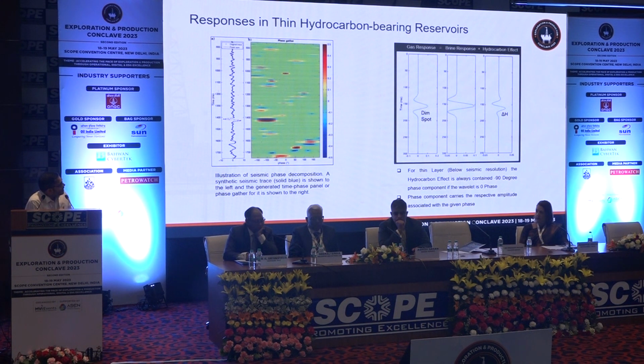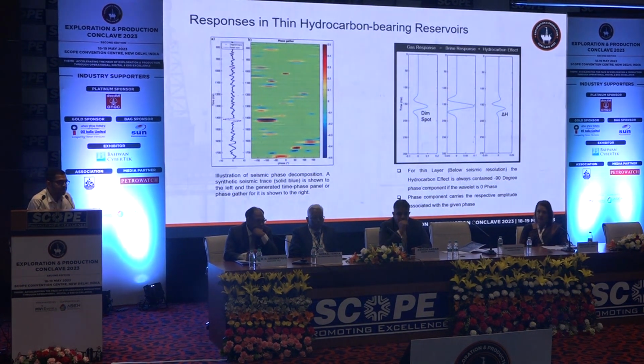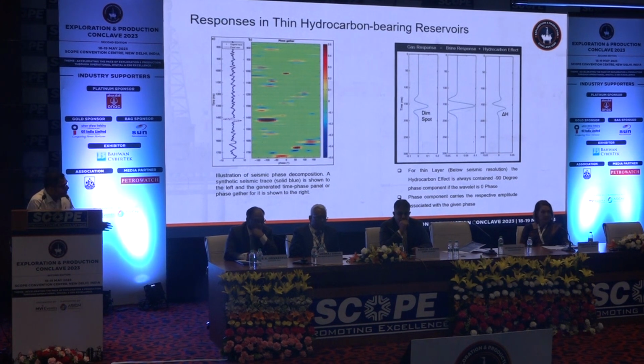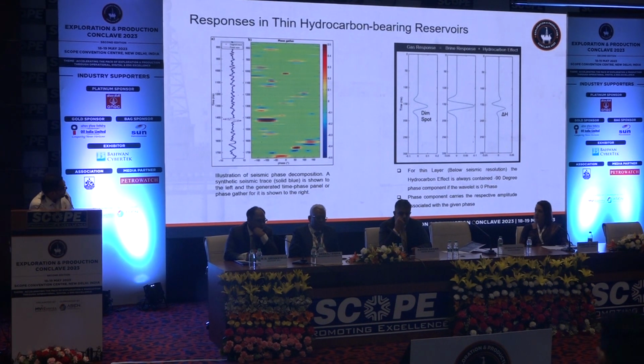As I said, it is not like instantaneous phase, because instantaneous phase does not contain any information about the amplitude. But this phase gather, constituted of different phase components, contains the phase information, which we can see at the bottom, minus 180 to plus 180, and the relative amplitude for those phases.